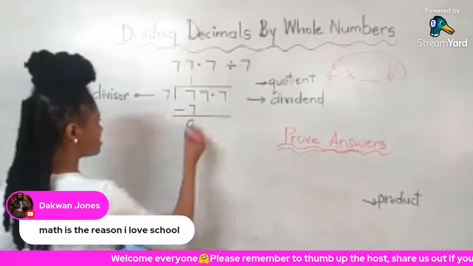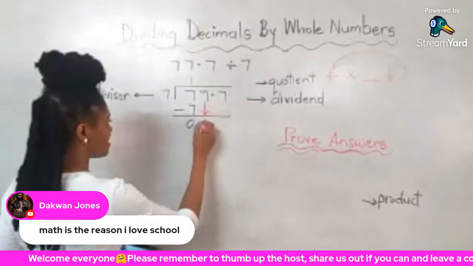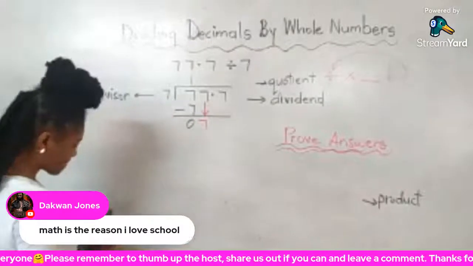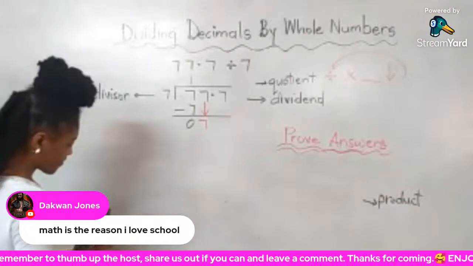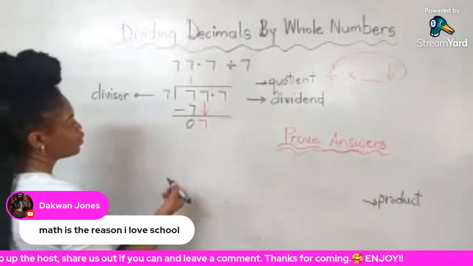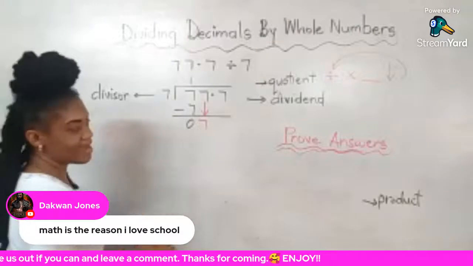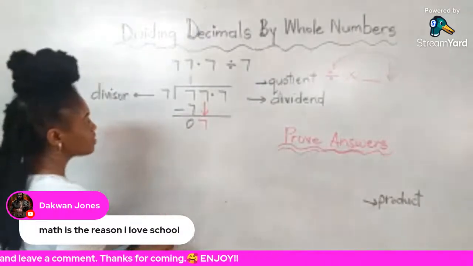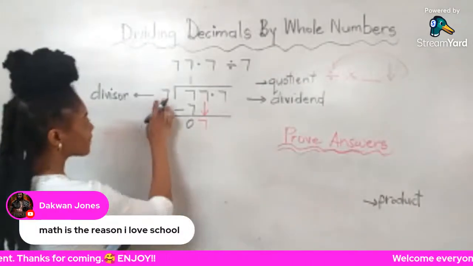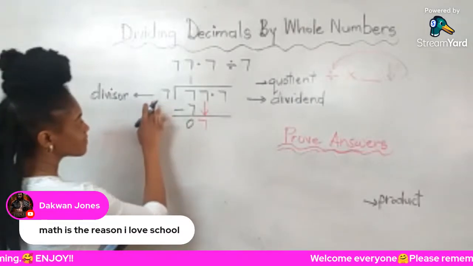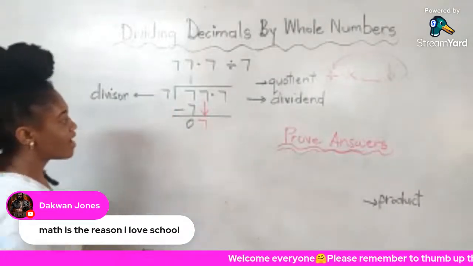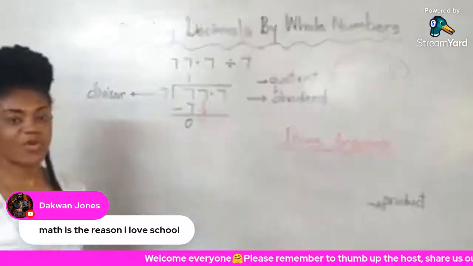This is the next digit that you have, which is 7. The next thing you are going to do is multiply. All right, let's go ahead.